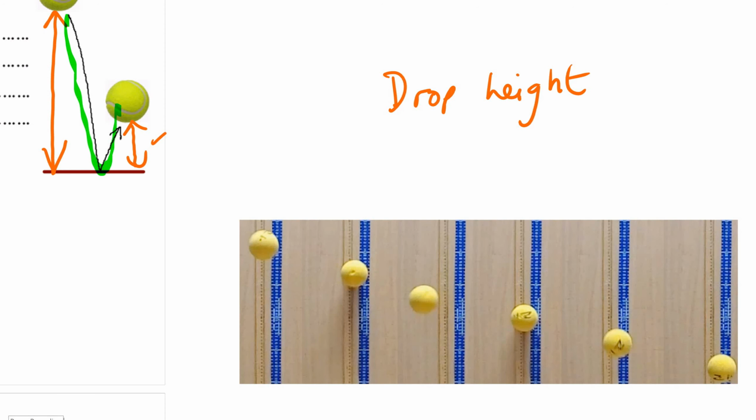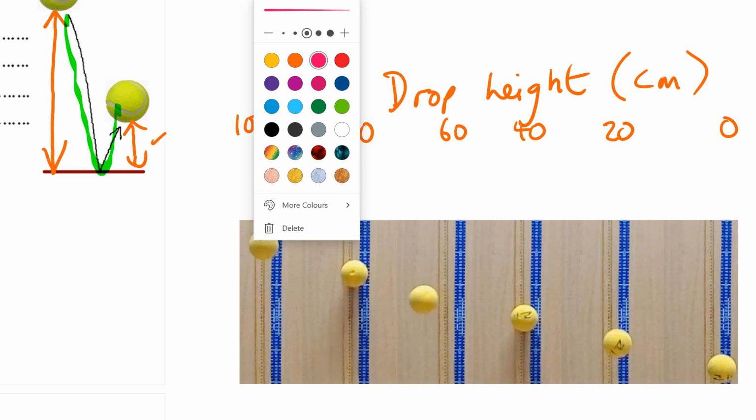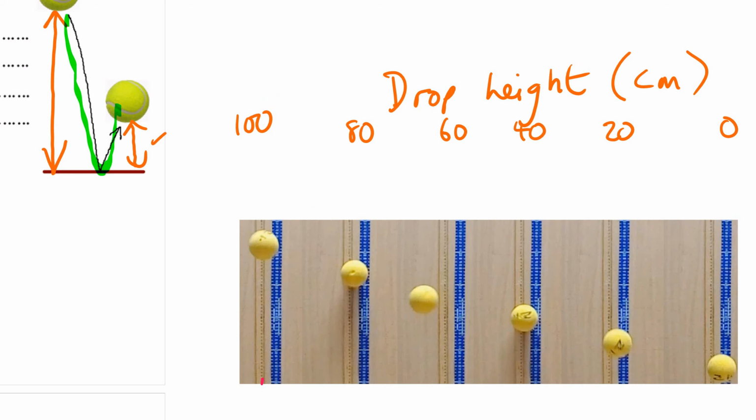Okay, so this is a sort of visual representation. The drop height now in centimetres. This one was dropped from 100 centimetres, this one from 80, this one from 60, this one from 40, this one from 20, and this one from 0. And you can see now how far they've bounced back up.